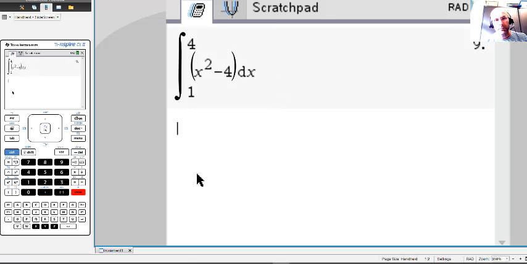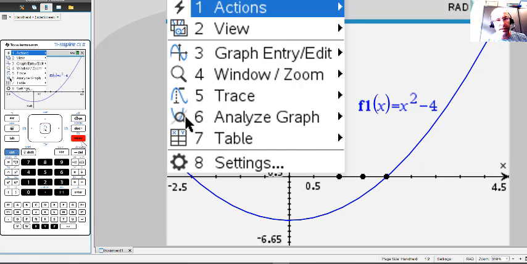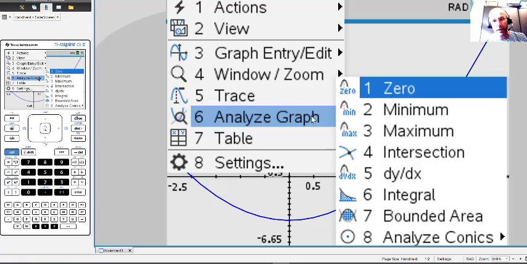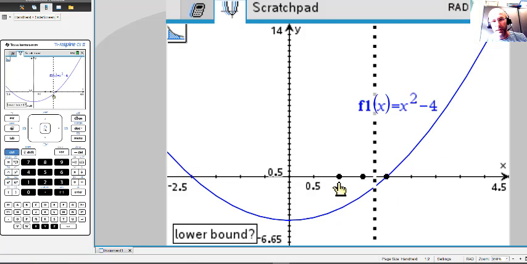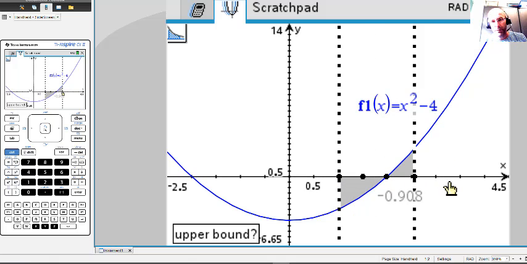Well, okay. And if we want to do it graphically too, we plot the graph. To generate the shaded region, we go to menu and analyze graph, and we look for integral. And carefully, I've used an actual point there so I start in the right spot, from 1 through to 4.